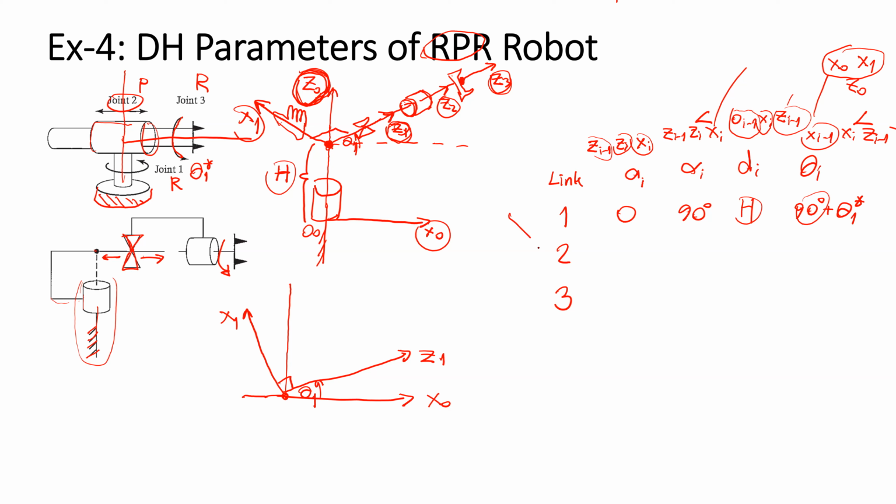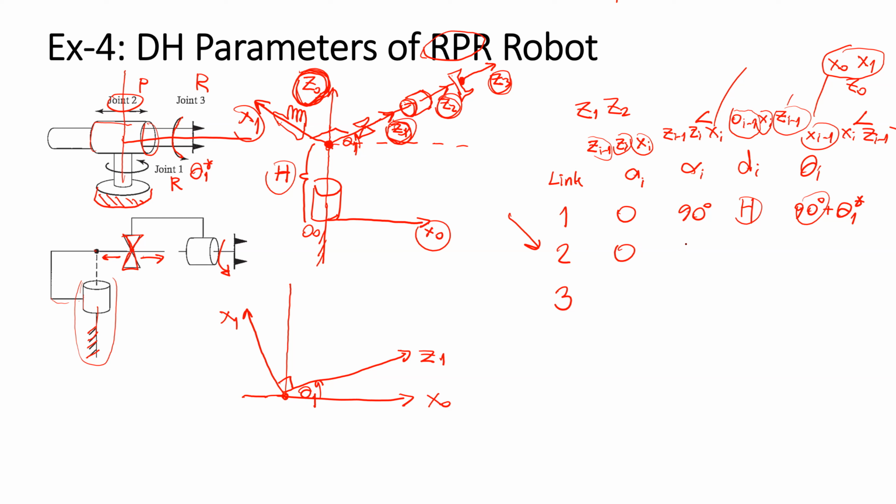The link length is the distance between Z1 and Z2. Z1 and Z2 are on the same line, so the length will be 0.